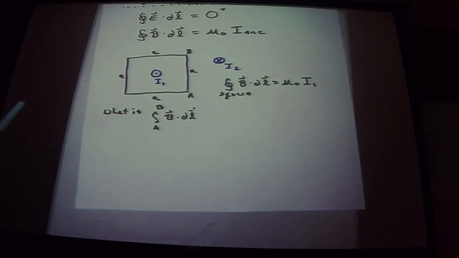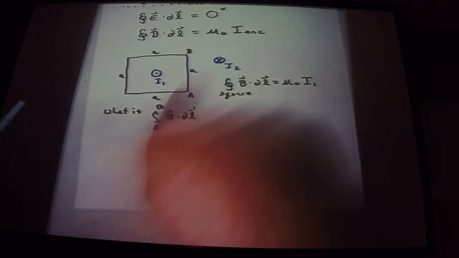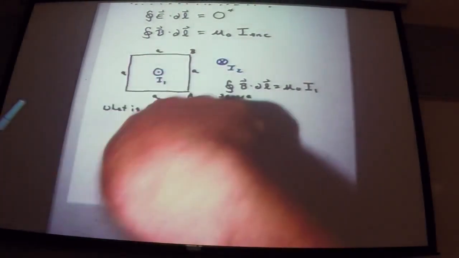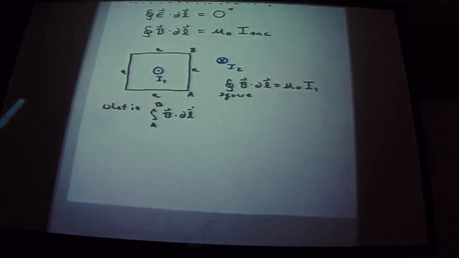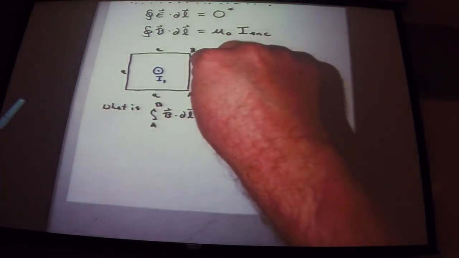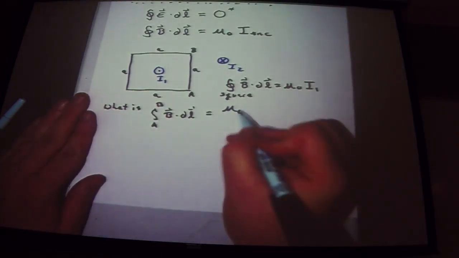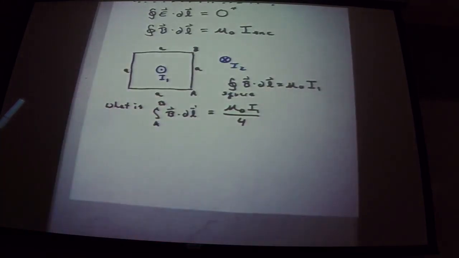Divided by 4, because it's one quarter of the way. Because this is symmetric, and this is right in the middle of it, each one of these sides would have the same result. So one of them has to be mu naught I1 over 4. Cool, huh? Exploit that symmetry when you can.